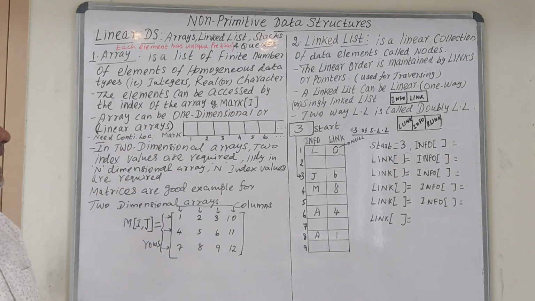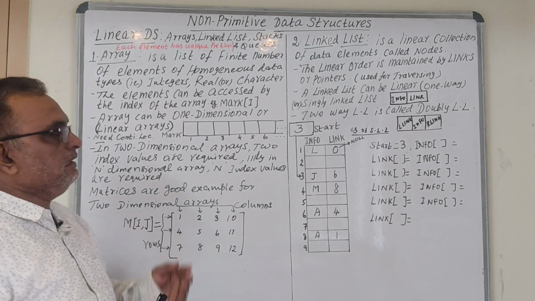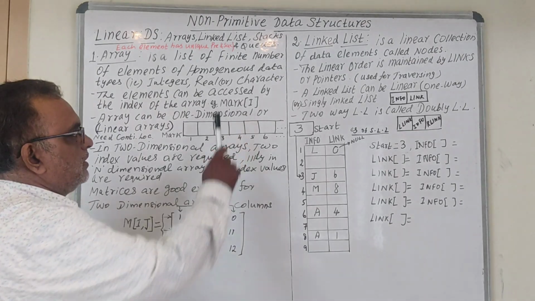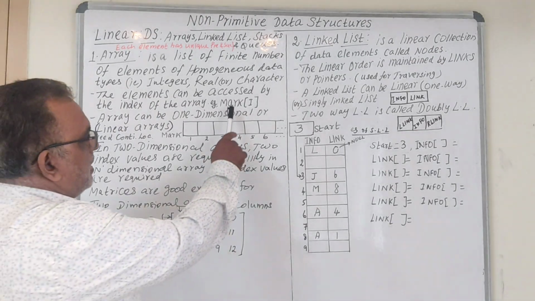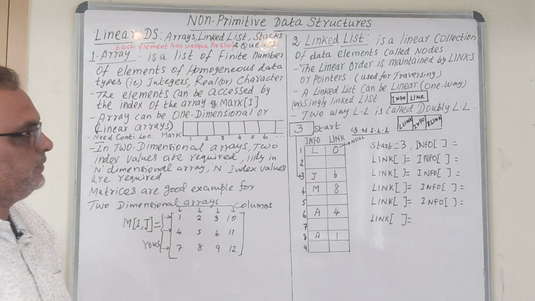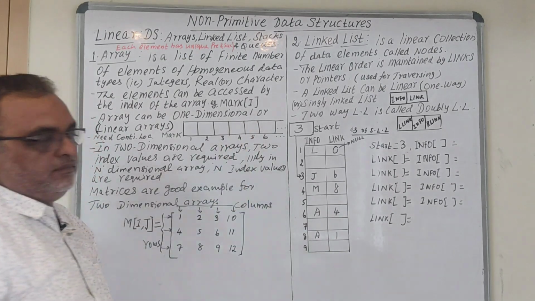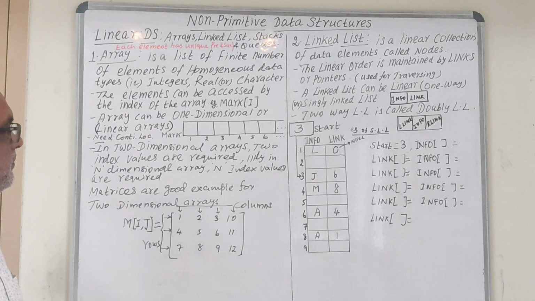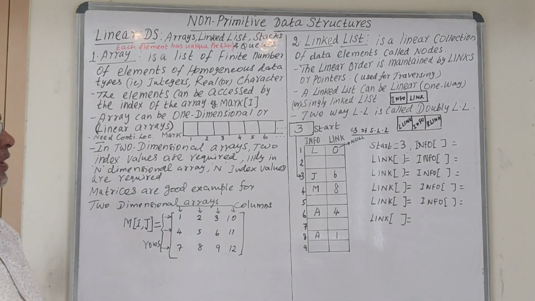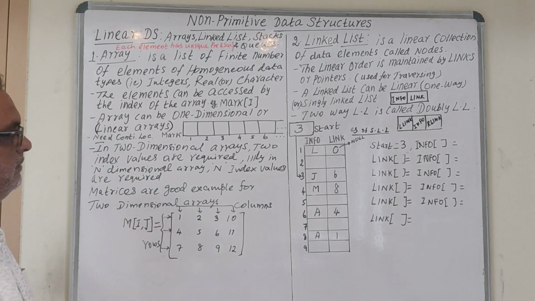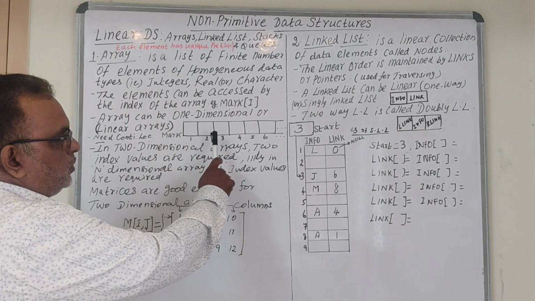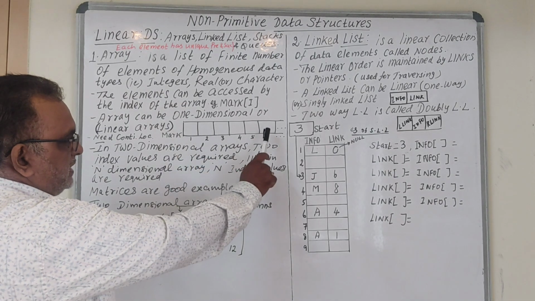The elements can be accessed by the index of the array. For example, mark of I. So here mark is the name of the array, and this I indicated inside the bracket is called the index. An array can be one dimensional, that is the linear array, in which the values will be stored continuously.